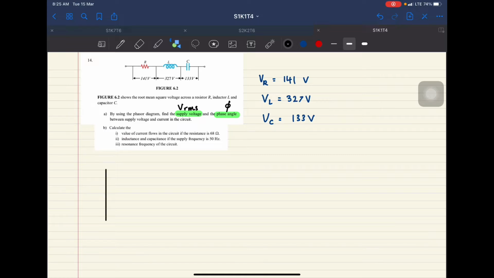So if I draw, it should look something like this. Okay, notice that VL is bigger than VC. So the vector here logically will be bigger. And the VRMS should be somewhere over here.